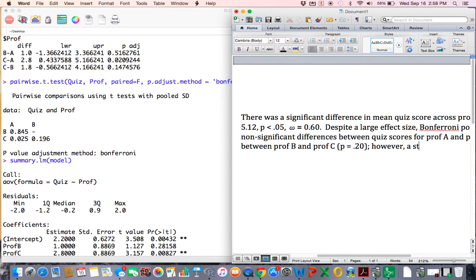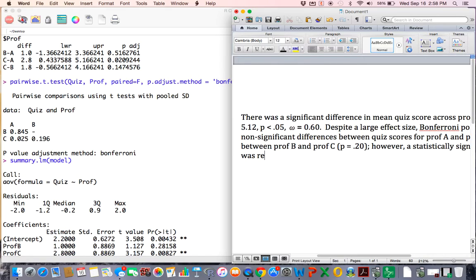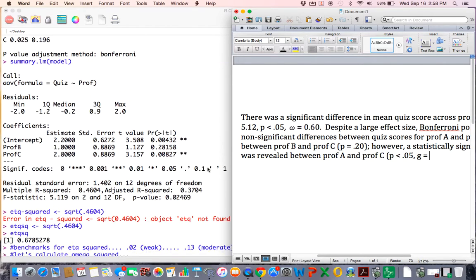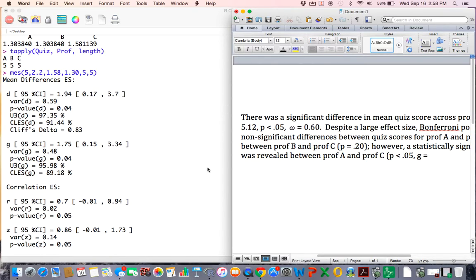However, a statistically significant difference was revealed between Professor A and Professor C, right? Yes. And our p-value here was less than 0.05. And our effect size was 1.75.